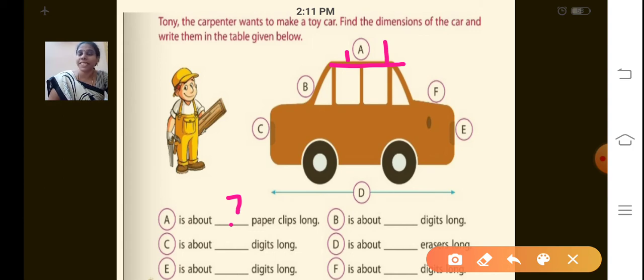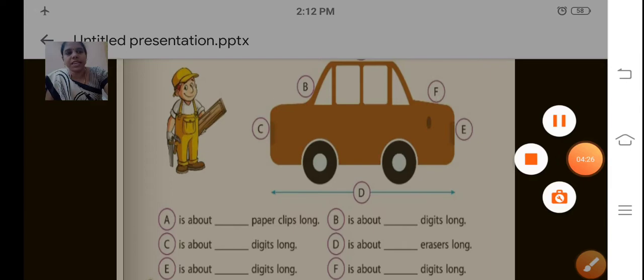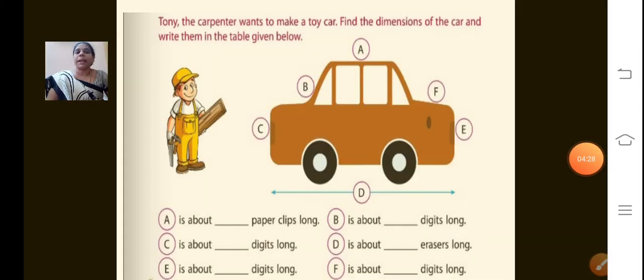Yes, this is B, right? So you're going to do this. Digits means what? This finger, right? You just keep your digit finger, that means your index finger. And B is about dash digits long. How will you find out the length of B?